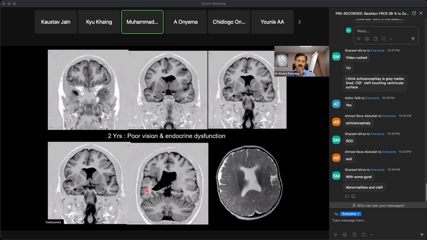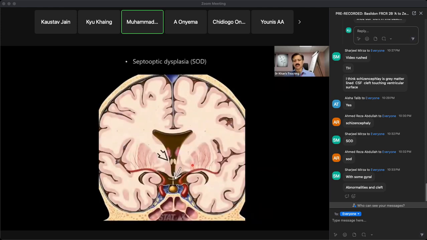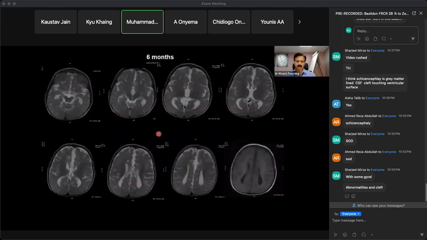Optic chiasm will also be thin, so the patient cannot see. And 80% of them will have endocrine disorders. So pituitary radiologically might be normal, might not be normal, but endocrine dysfunction is there. Another key finding is absence of the septum, and it can be associated with schizencephaly. So this has come in the exam.